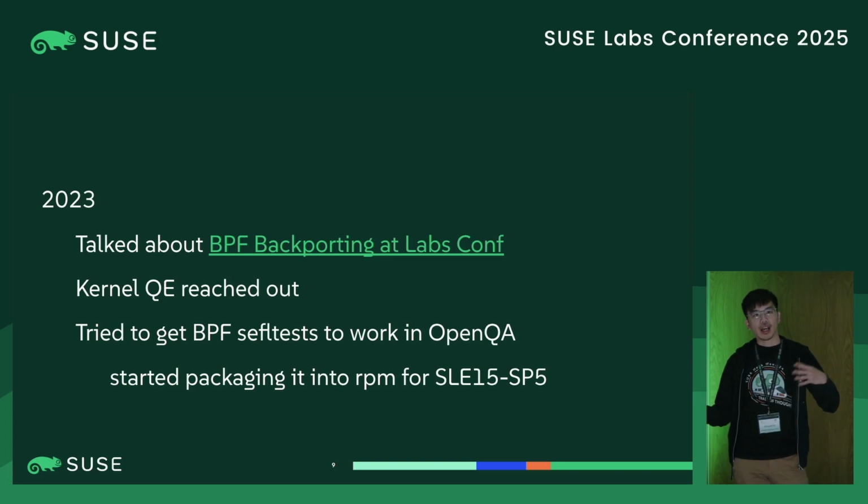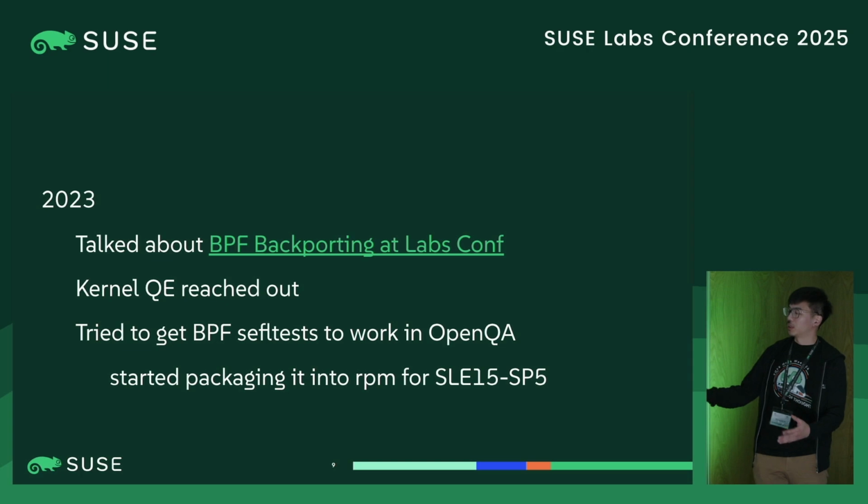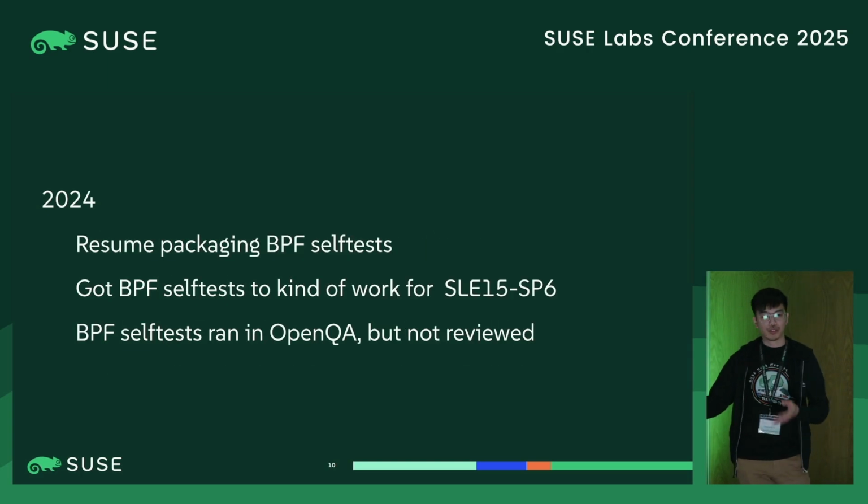So I had to kind of fight the RPM, besides finding all the dependencies. That took quite a while and I wasn't able to complete it. But in 2024, I was finally able to massage it into some form of RPM, ignoring some RPM warnings.